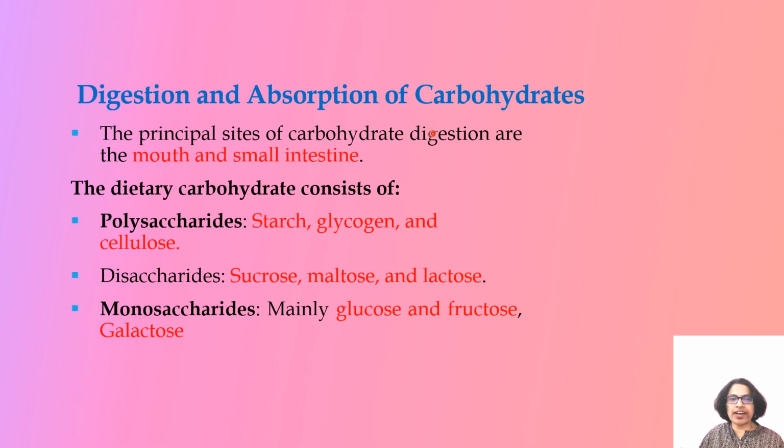And digestion of carbohydrates: the principal sites of carbohydrate digestion, or which are the areas where the carbohydrates are going to get digested? Mouth and small intestine. The dietary carbohydrates consist of polysaccharides like starch, glycogen and cellulose, disaccharides like sucrose, maltose and lactose, whereas monosaccharides are mainly glucose, fructose and galactose.